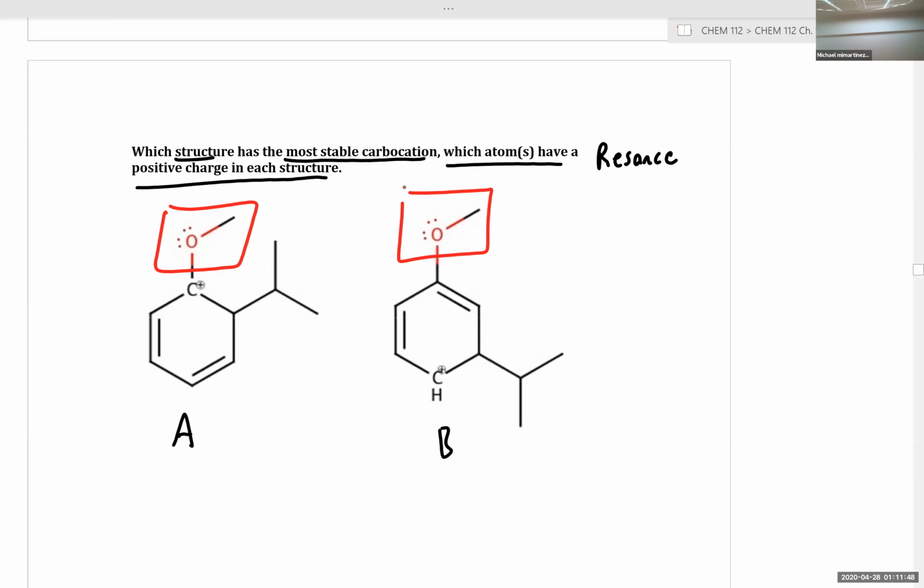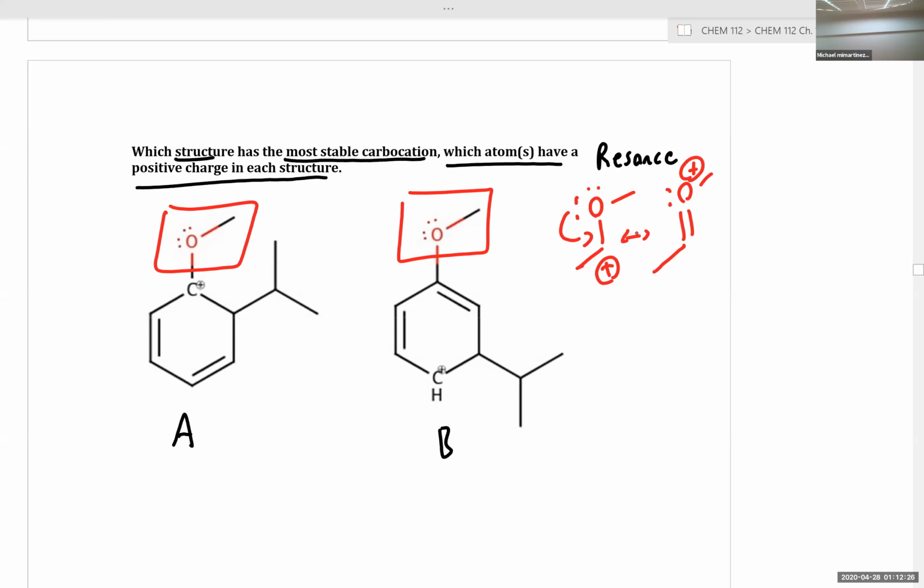So I see almost an even split between A and B. Let's get a few more. So to provide one piece of data, as we discussed, if we have an adjacent atom with a lone pair adjacent to a carbocation, we can stabilize that carbocation via donation, right?